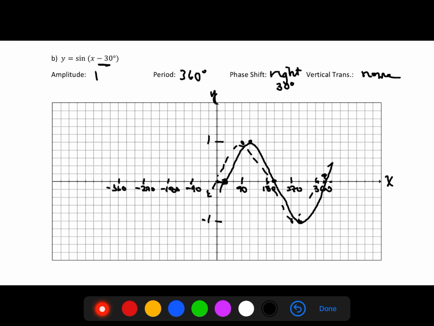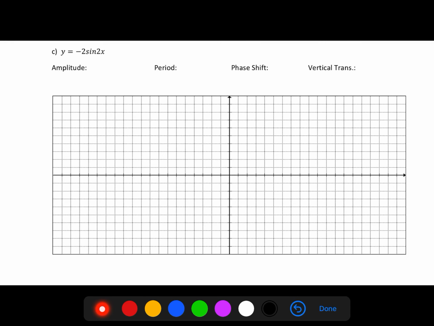And this is our actual graph, so we're going to put our thick lines in here, our arrows on either end, and here we have our phase shift right 30 degrees.